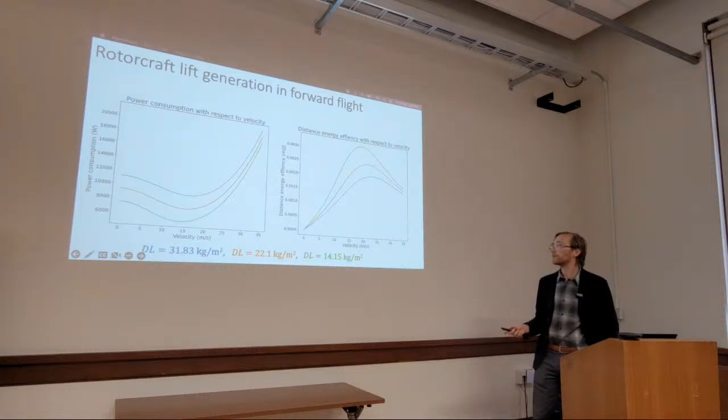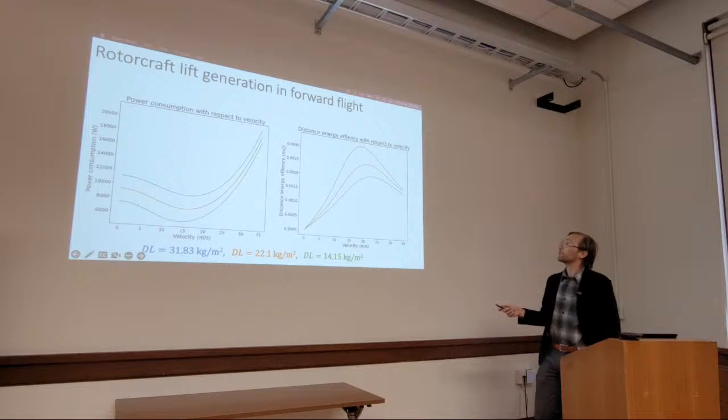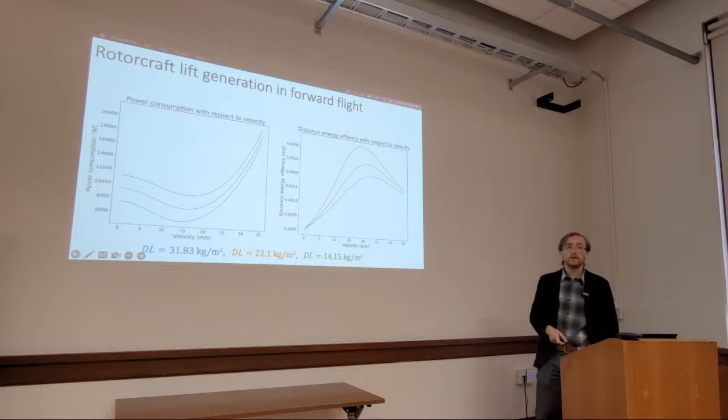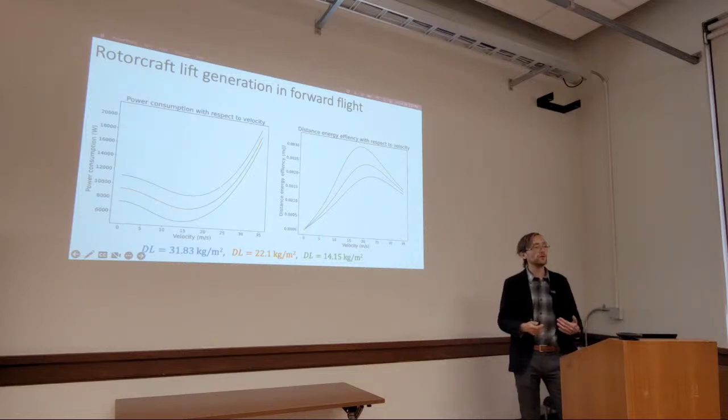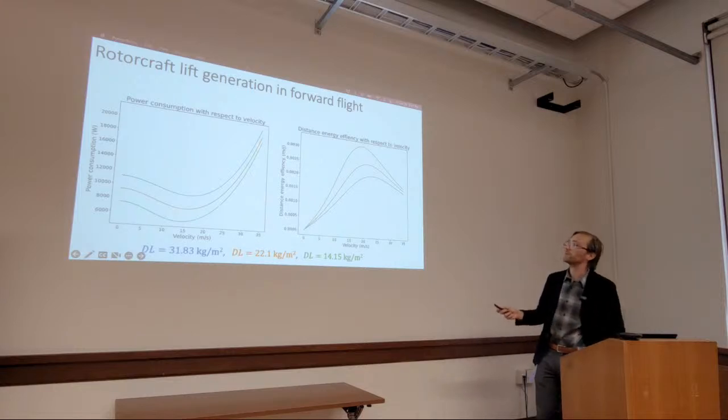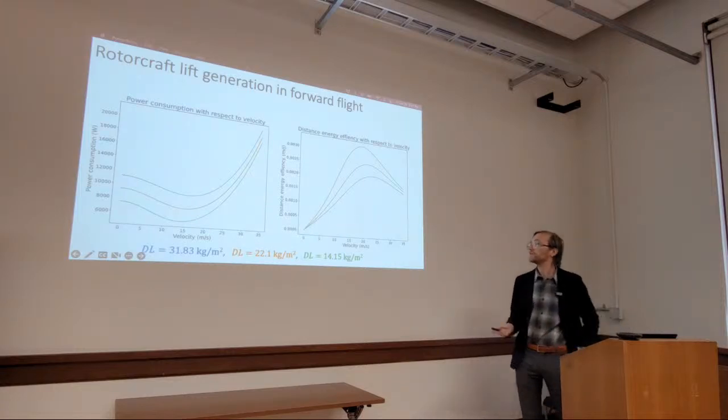So if we increase the rotor area, sorry, which corresponds to the last case, we have a lower disk loading and, unsurprisingly, a lower power consumption, okay? And so we also have a higher range. But the differences at high velocities are small compared to the overall range. And same if we look at the power consumption, the differences between disk loadings are small.